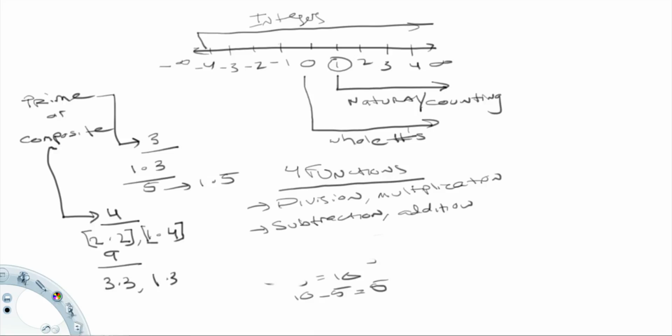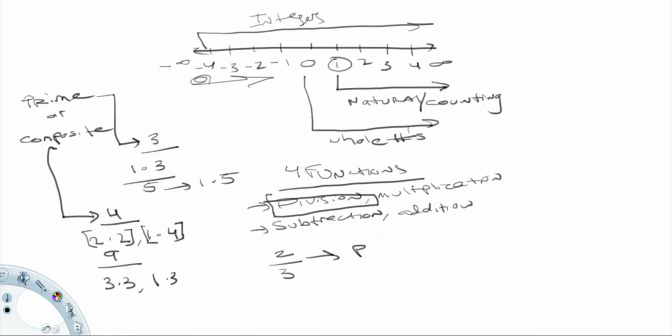So we have division, subtraction, multiplication, and addition, right? I'm going to take division real quick. Because if we take two integers, remember I said integers apply to any of these, negative, positive, or 0, say 2 and 3, and divide them, then we have a rational number now.